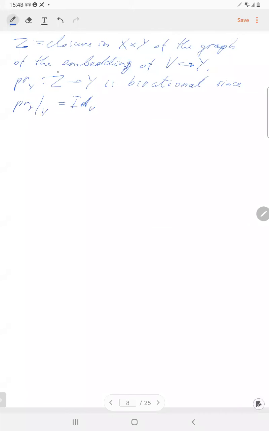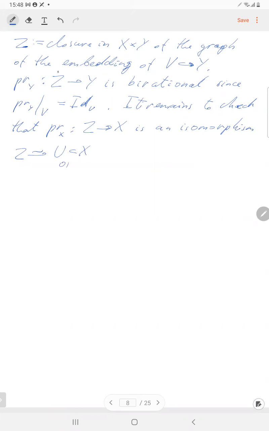Okay, and it remains to check that the projection to X from Z is an isomorphism from Z to some open subset U in X. So we have to define this open subset, and so we define an open subset Z_i.